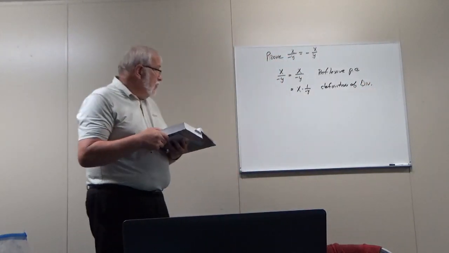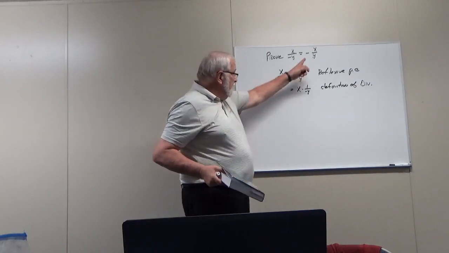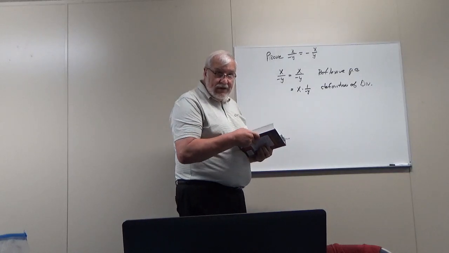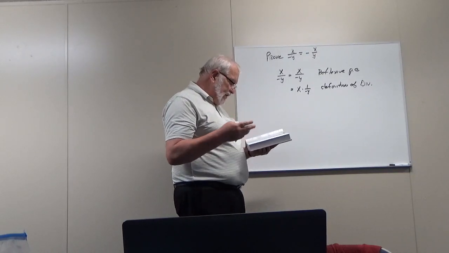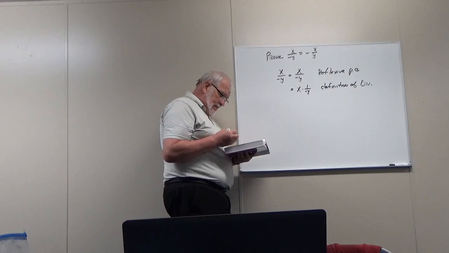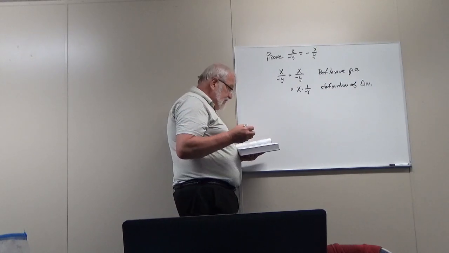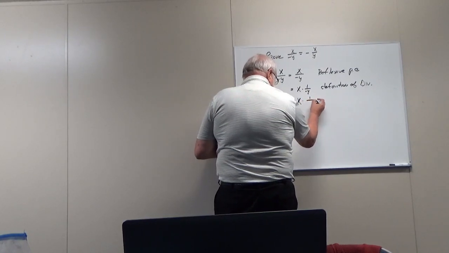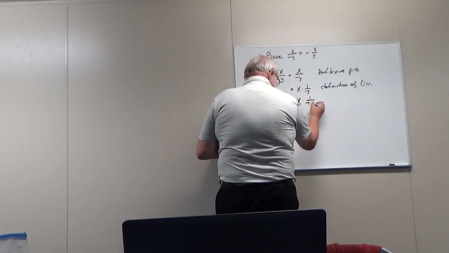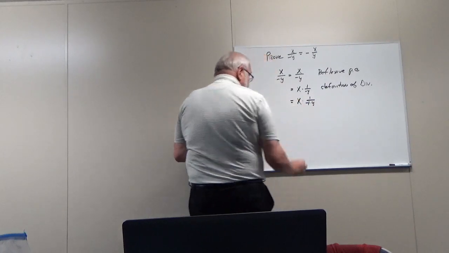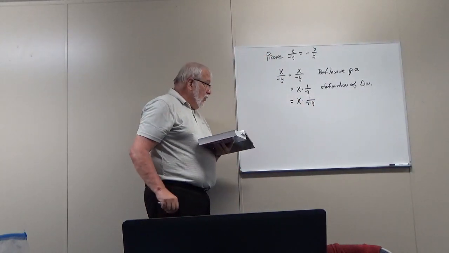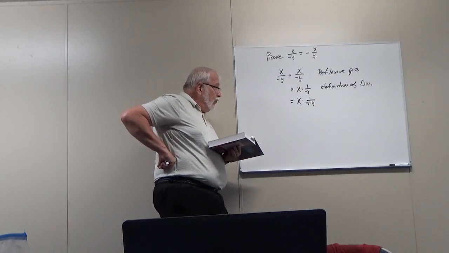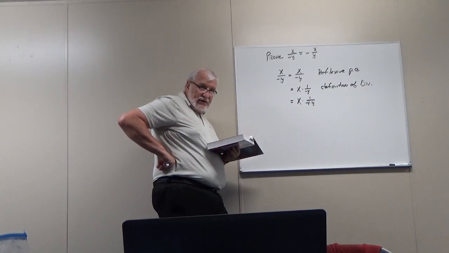Now, what am I trying to do? I'm trying to get that negative sign out of there. So what's the third step say? It says x times 1 over negative 1 times y is the same as what we had. What gives me the right to change negative y into negative 1 times y?